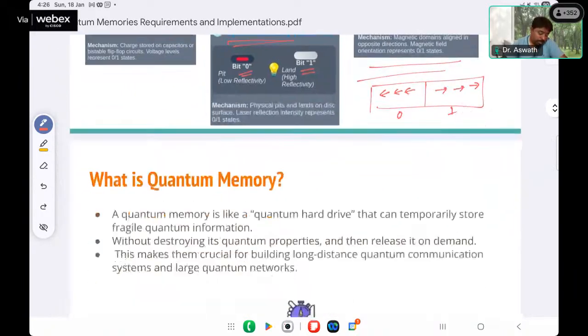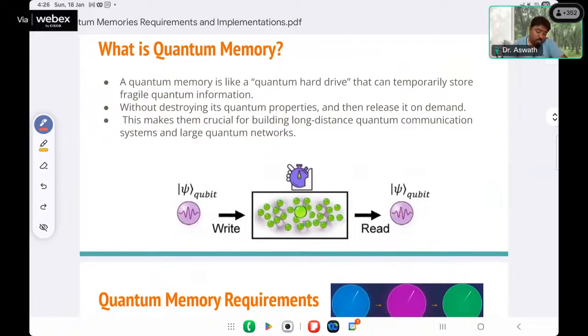Optical memory, yeah, we saw that. When it comes to quantum memory, how is it done? As we know, quantum memory is like a quantum hard drive. It can temporarily store fragile quantum information, very fragile meaning sensitive to the surroundings, without destroying its quantum properties, and then release it on demand.